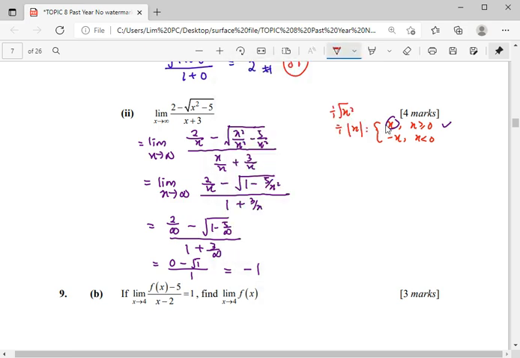Our concept here is dividing by x squared under the square root, but outside the square root you have to divide by x. Then we evaluate to get the limit at infinity equal to -1.